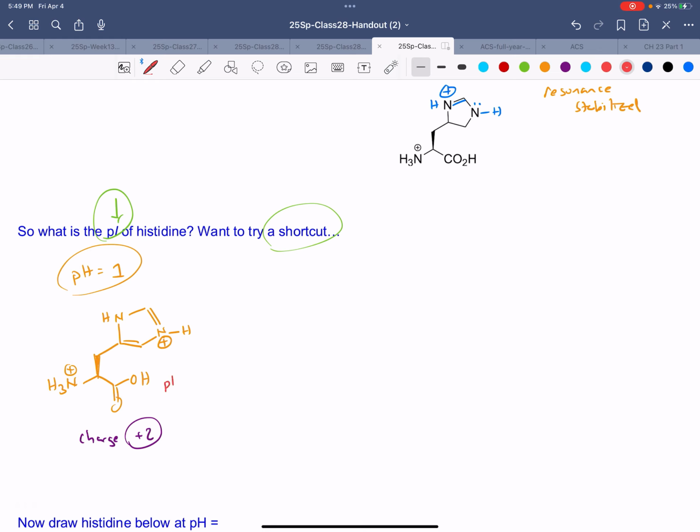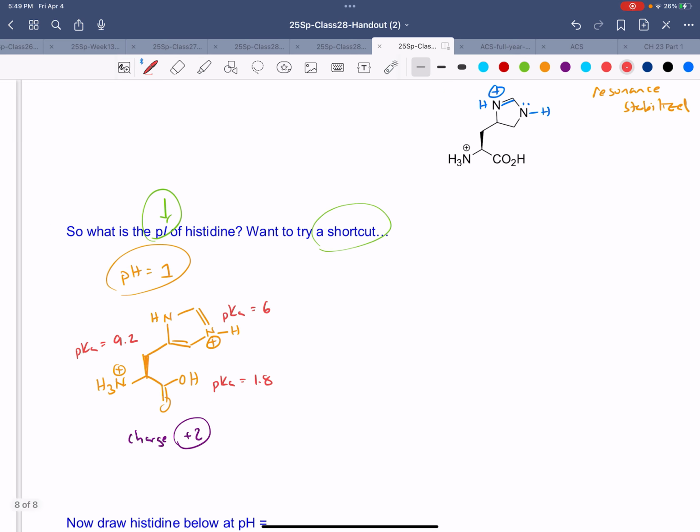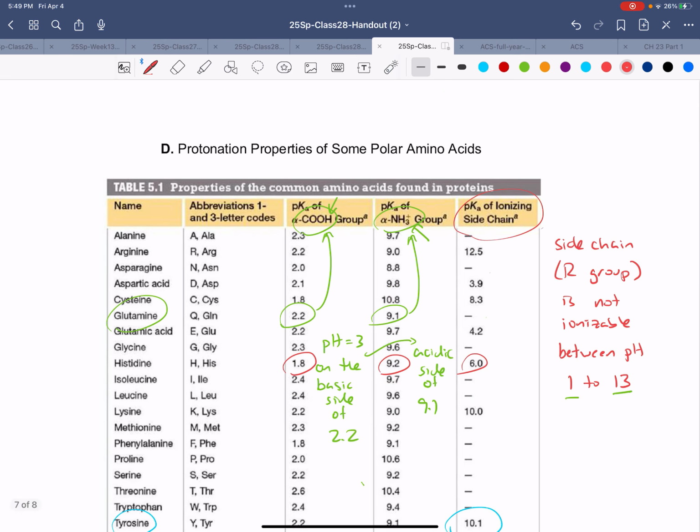1.8, 9.2, 6. And make sure they match the correct group. 1.8 for the carboxyl, 9.2, and 6.